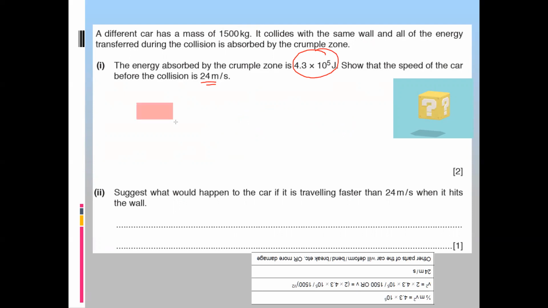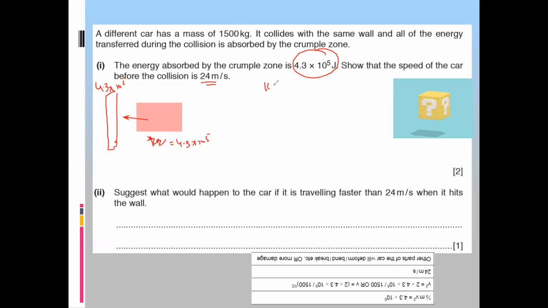Basically, when the car is moving, it will have kinetic energy. But when the car hits the wall, all of its kinetic energy is transferred into the wall as elastic energy. So if the wall absorbed 4.3 times 10 to the power 5 joule, the kinetic energy of the car was the same, 4.3 times 10 to the power 5 joule.